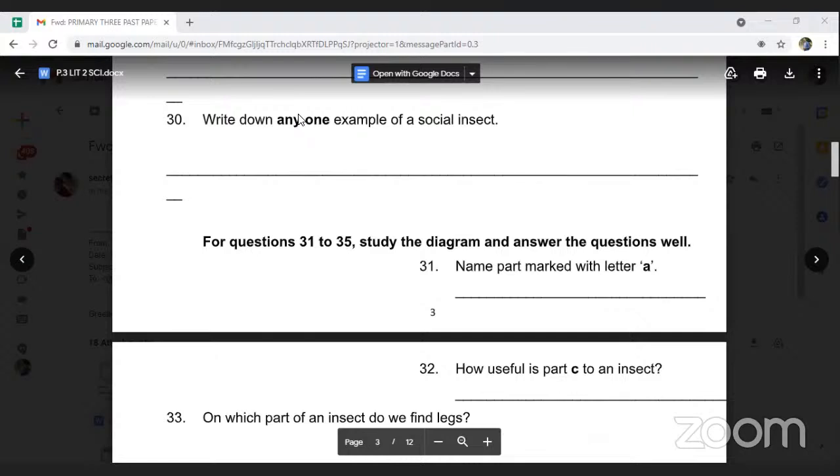Those insects that move, work, and live in a group, those insects are called social insects. Those ones that do everything in a group are called social insects. Let me hear from someone who knows the answer.